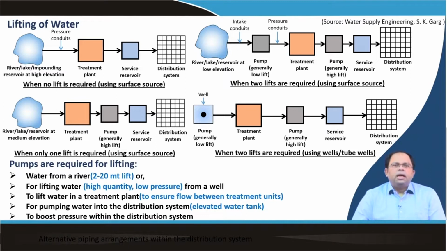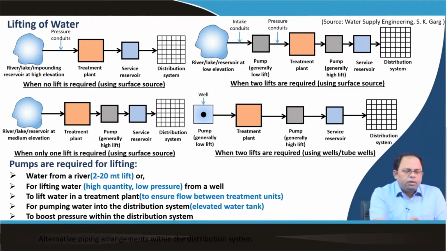For example, in this particular slide, you can see 4 sets of images explaining different forms in which we can set up a distribution system. In the first case, no lift is required when using surface sources. Here we have the river or lake or the impounding reservoir at high elevation.